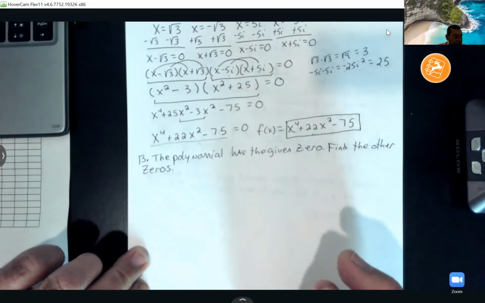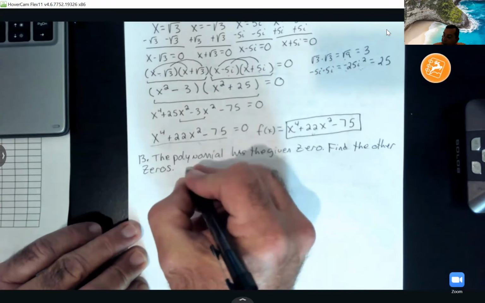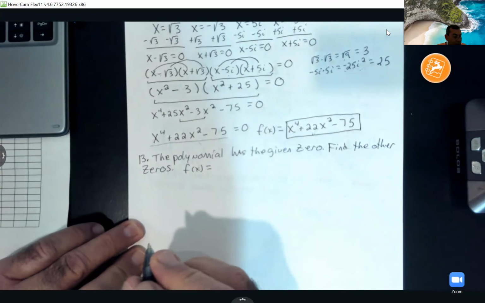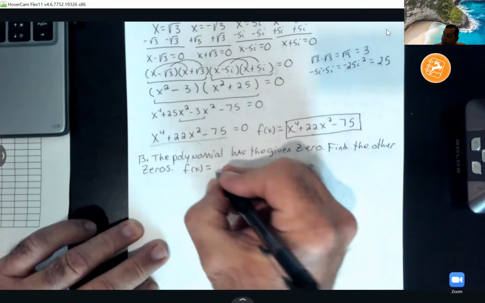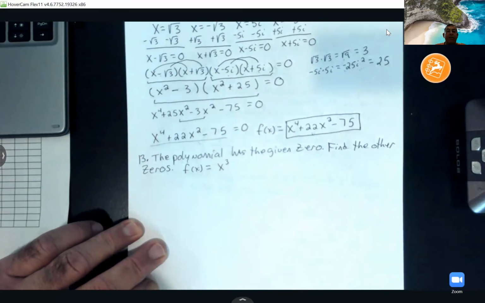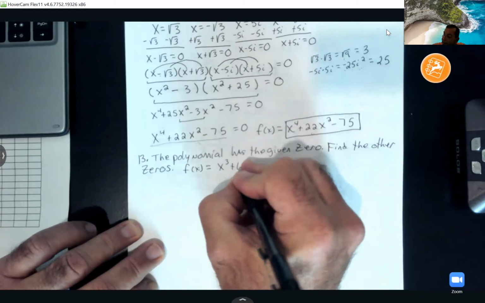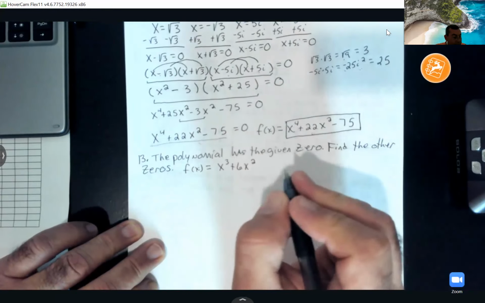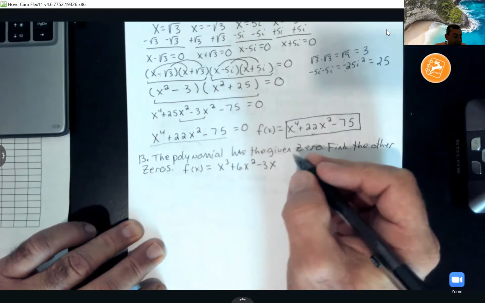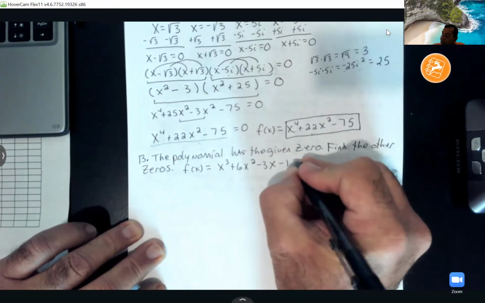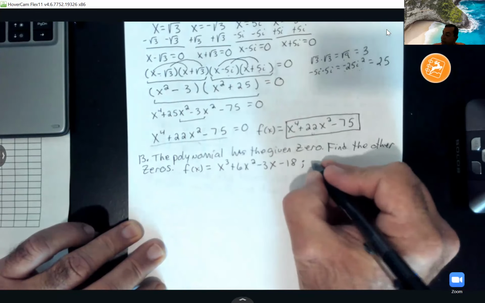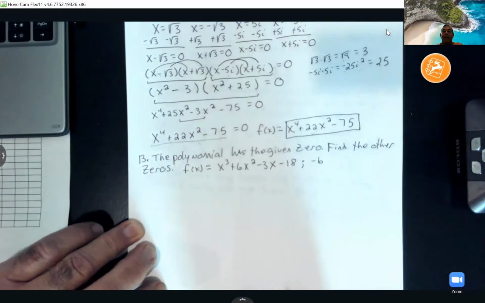So let's see. My polynomial is f of x equals x to the third plus 6x squared minus 3x minus 18. And the 0 they're giving us is a negative 6.